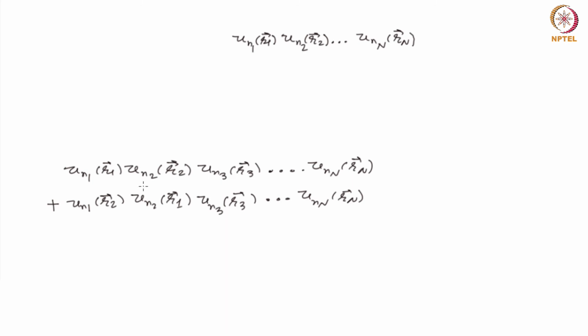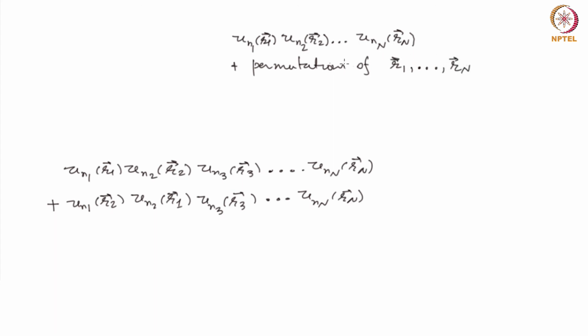But we want to symmetrize fully under the interchange of all the particles, so I should write plus all the permutations of r1, r2, r3, and so forth up to rN.